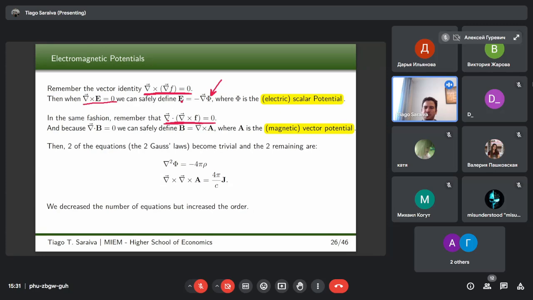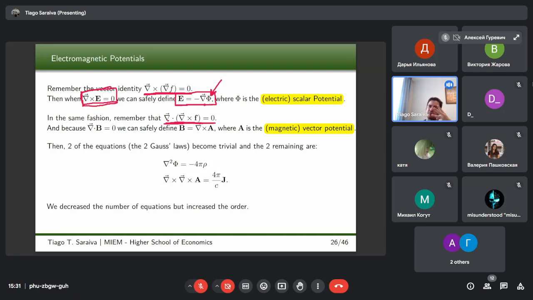Instead of a vector E, we can consider a scalar function and take its gradient. So if you define E as minus the gradient of this scalar potential, you get exactly this Maxwell equation: the curl of E is 0, automatically satisfied if E is the gradient of a scalar potential.